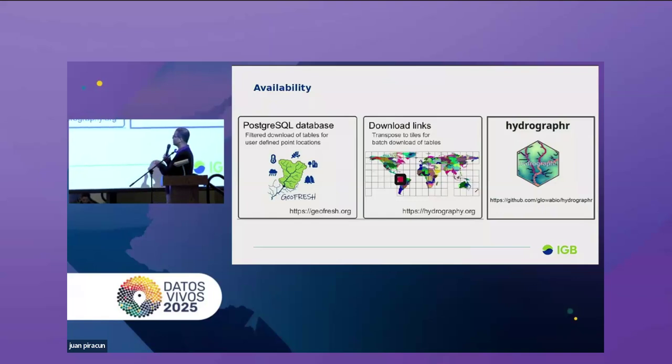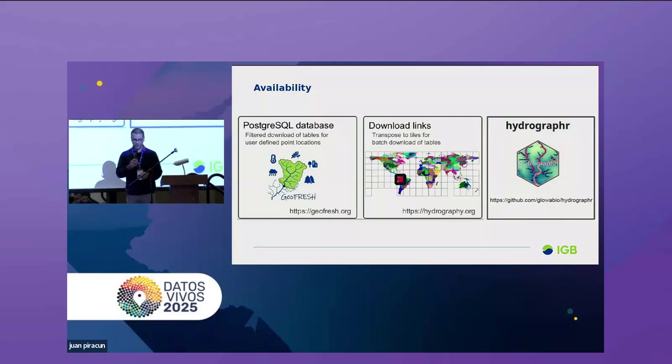But you also can visit this web page, and based on this tiling of the whole world, you can go to each tile if your area of interest is in there and download the tables yourself. But we also created these R packages.